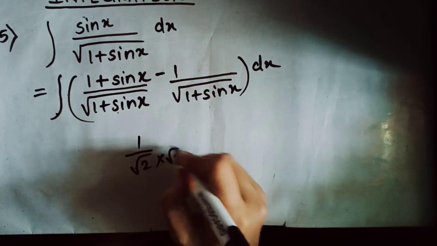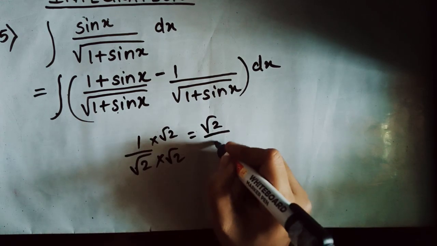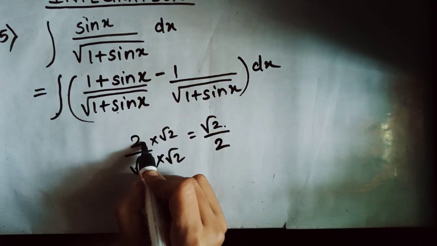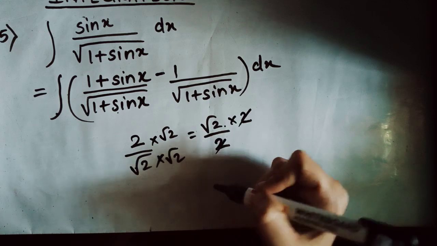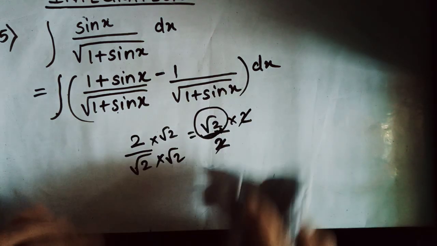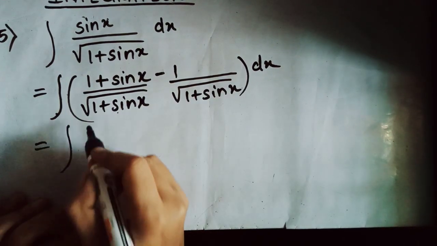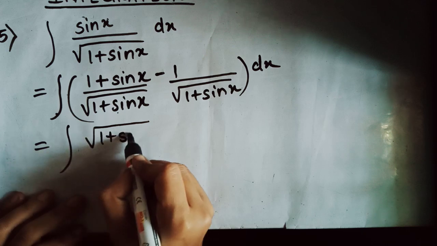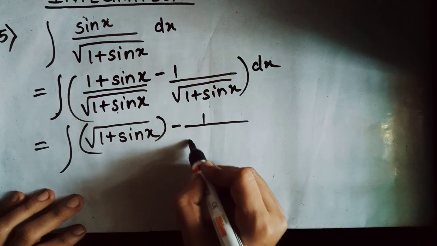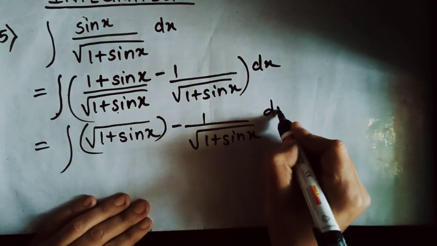So if I multiply root 2 over here, then this will become root 2, and here the same term is there, right? So this and this get cancelled and you get a term in the numerator. So I can directly write this as integral root of 1 plus sin x minus 1 upon root 1 plus sin x dx. Okay.